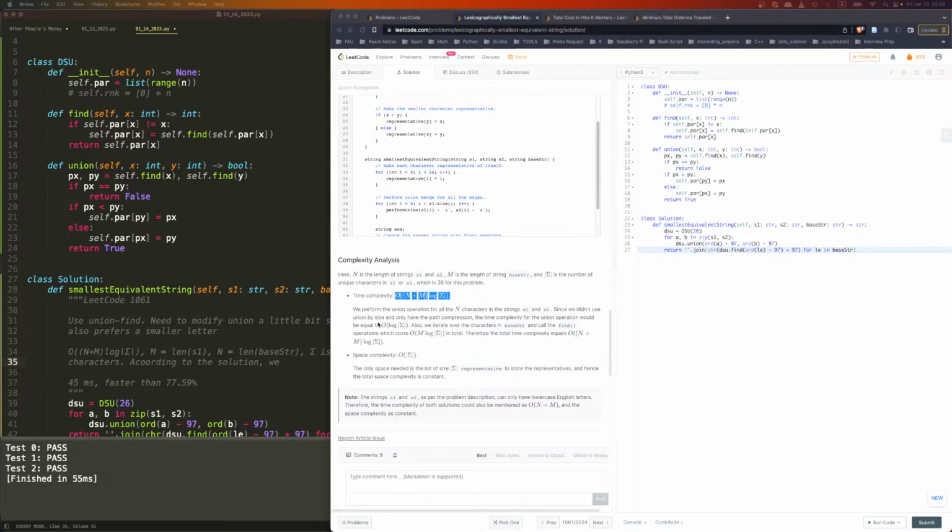Didn't use union by size and only have the path compression.